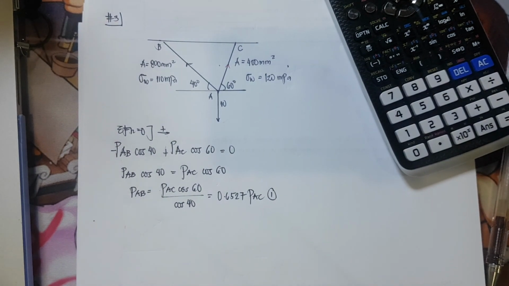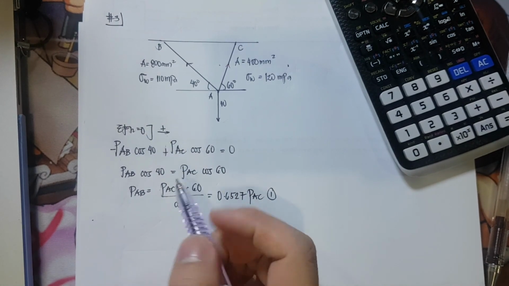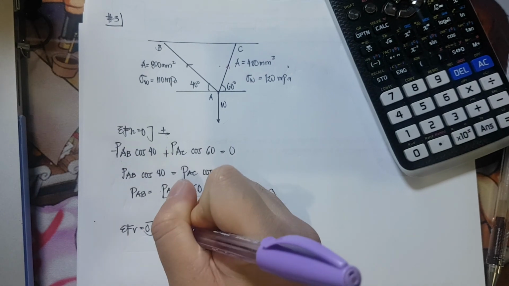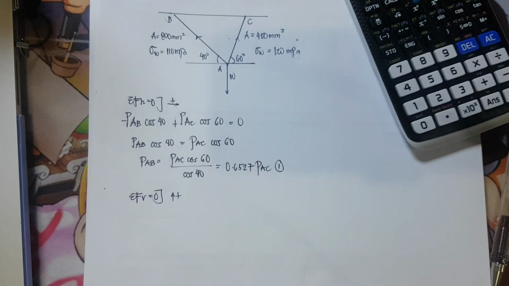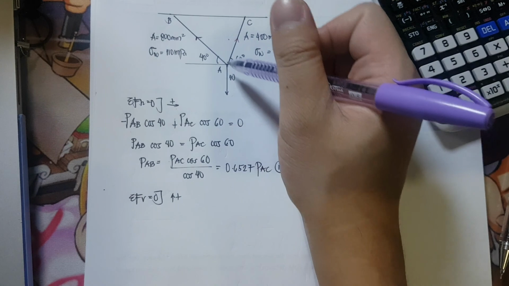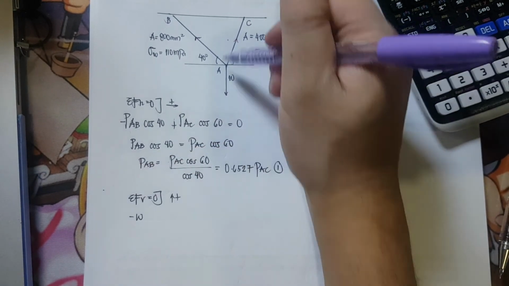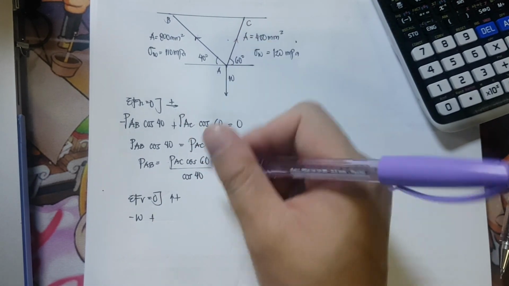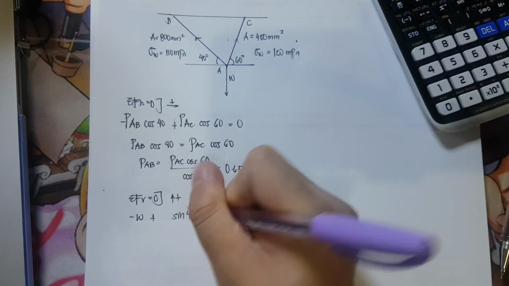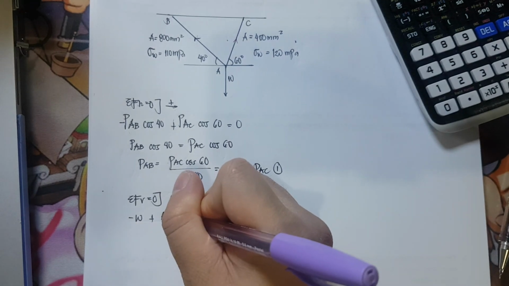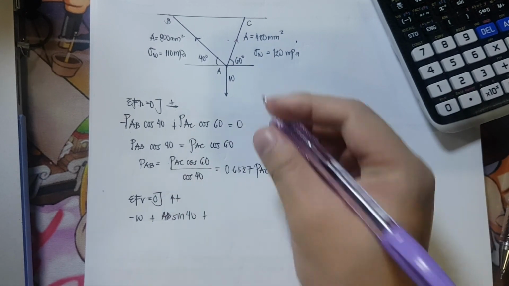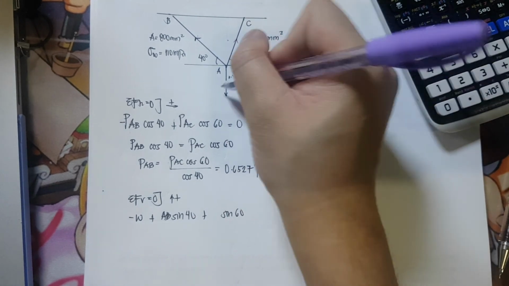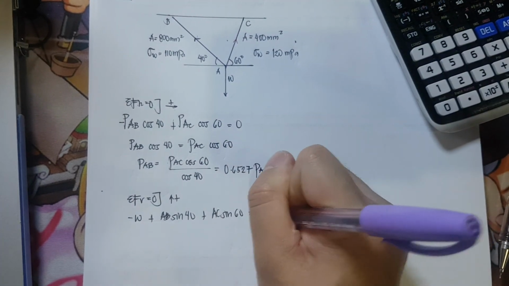To solve for equation 2, I'll be using the other equation of equilibrium, summation of forces vertical is equivalent to 0. All forces pointing upward should be positive. We have negative W, pointing downwards, plus PAB sine 40 plus PAC sine 60 is equivalent to 0.